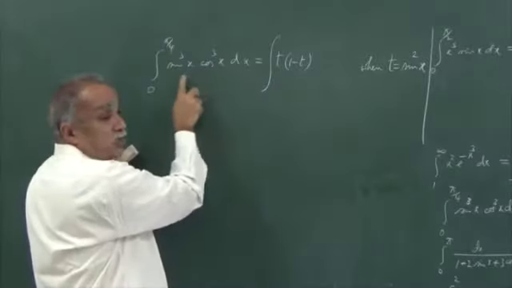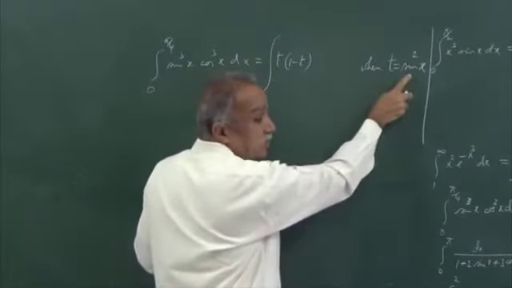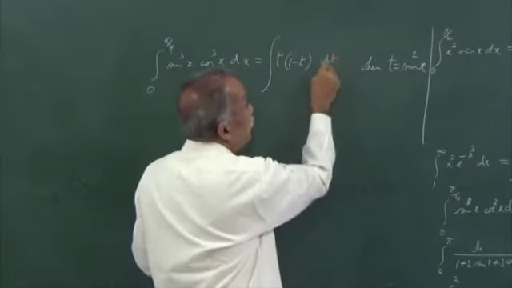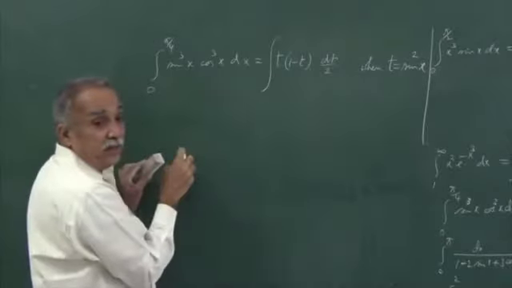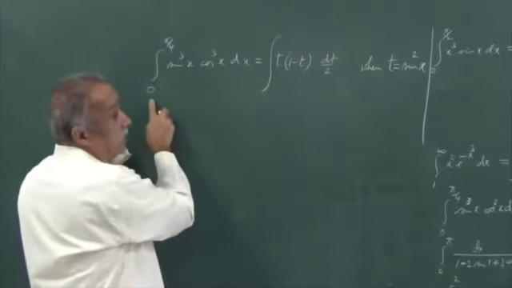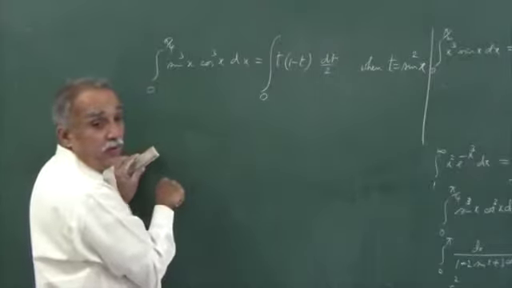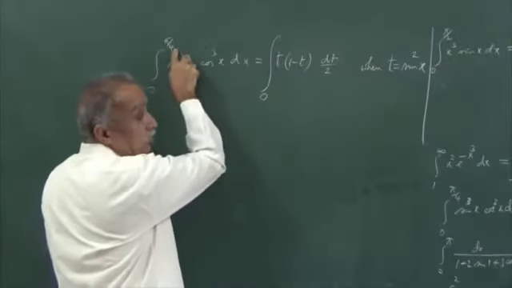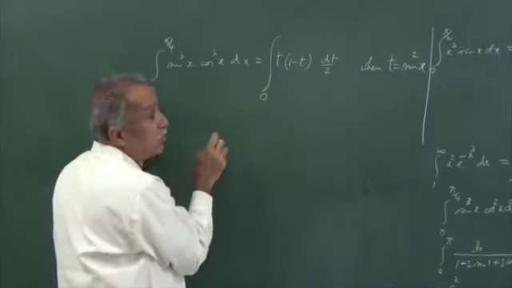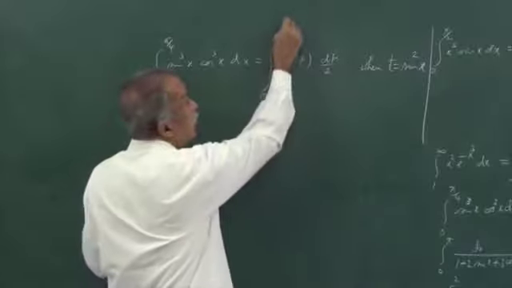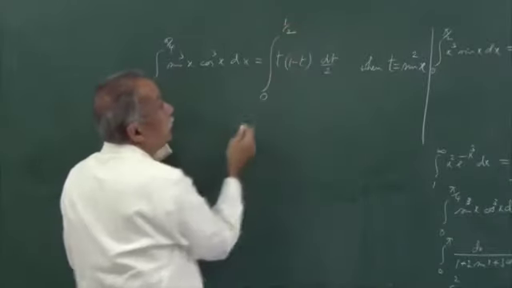And the remaining portion sin x cos x dx is half of dt. And the new limits: at x equal to 0, t is sin square 0. At x equal to pi by 4, the upper limit, the new value is sin square pi by 4, square of 1 by root 2, that is 1 by 2.